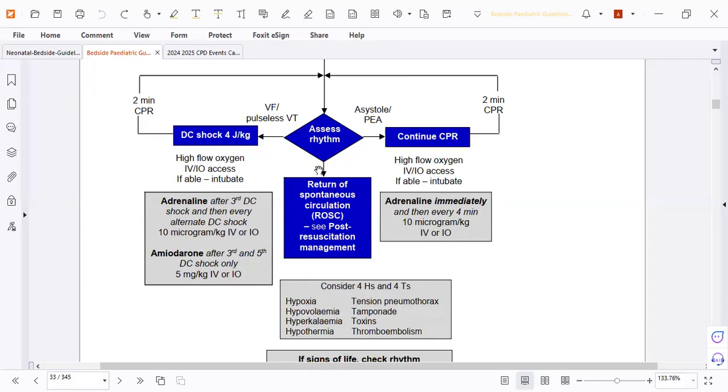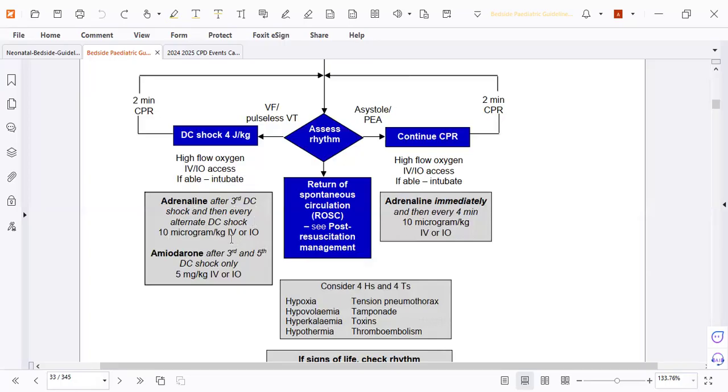If the patient was shocked, okay, and he started responding to your resuscitation, and the DC shock you have conducted before, so you have to give adrenaline after the third DC shock, and then every alternate DC shock, okay?